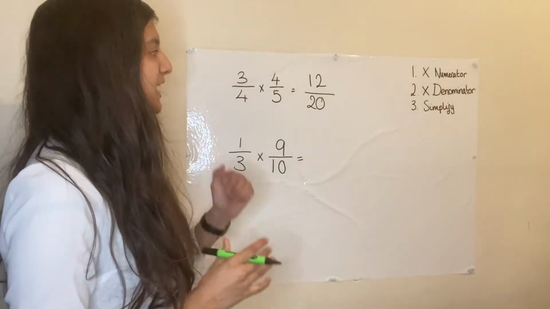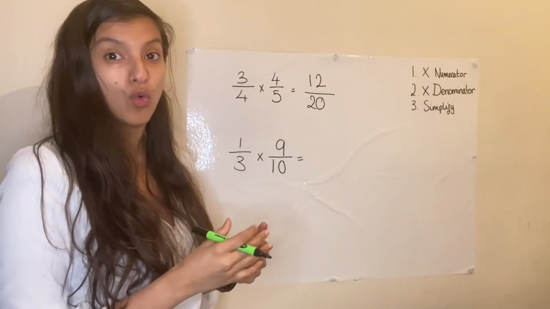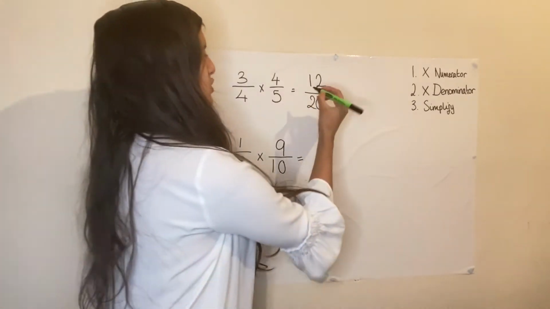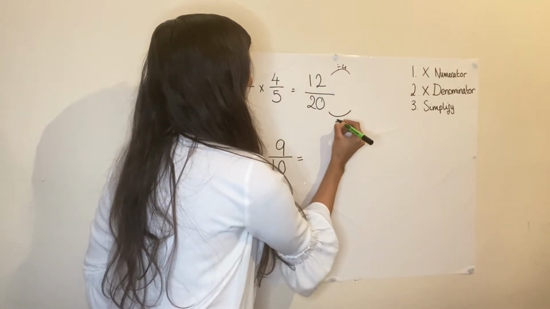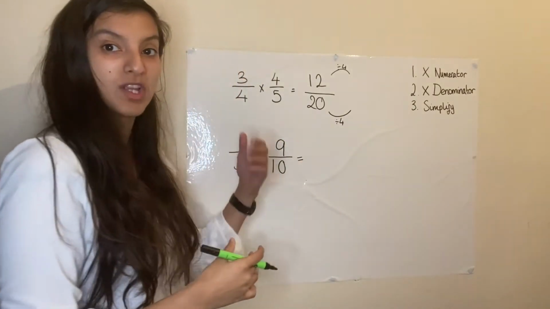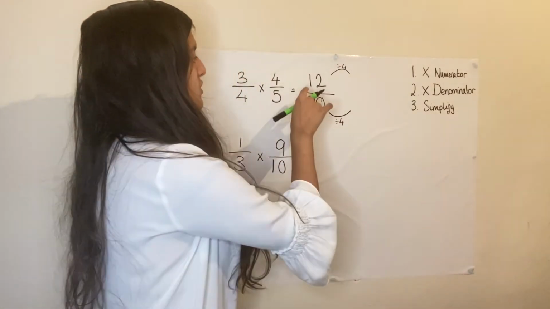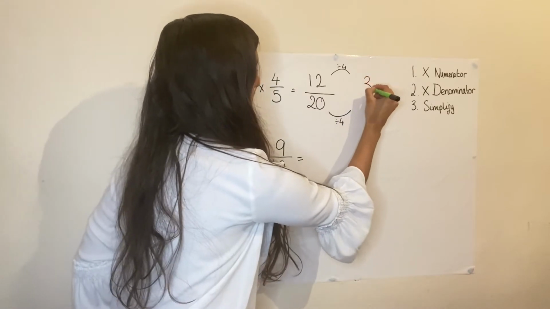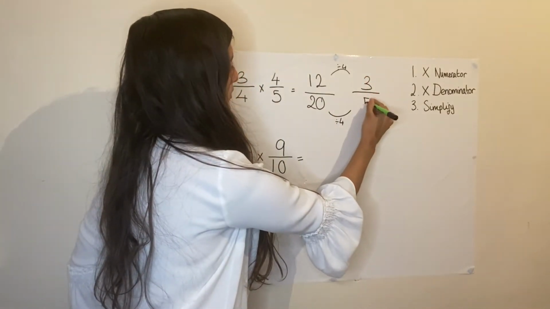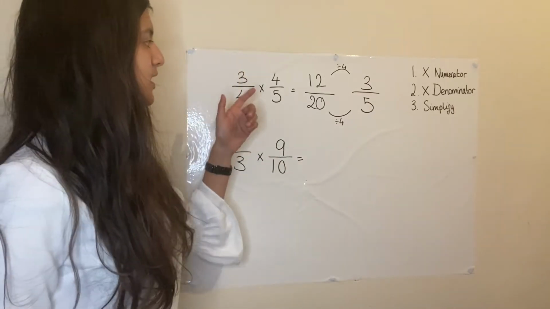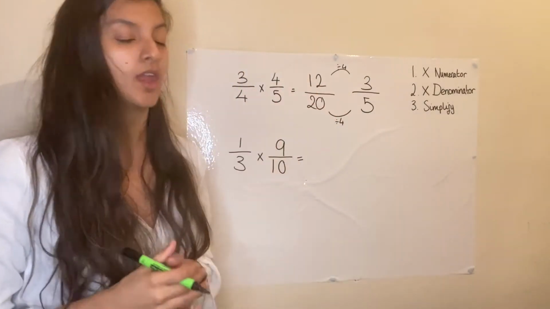So just by looking at 12 and 20, I can see that 4 goes into 12 and it goes into 20. So I'm going to divide my numerator by 4 and my denominator by 4. Whatever I do to my top, I must also do to my bottom. So 12 divided by 4 is 3. And 20 divided by 4 is 5. So 3/4 times 4/5 equals 3/5.